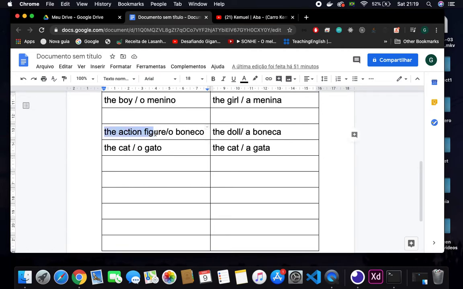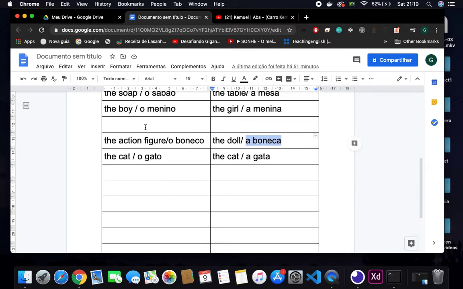So what you would call doll for the girl, you call action figure for the boy, right? So when you say the action figure, in Portuguese we say o boneco, okay? O boneco. And the doll we say a boneca, okay?